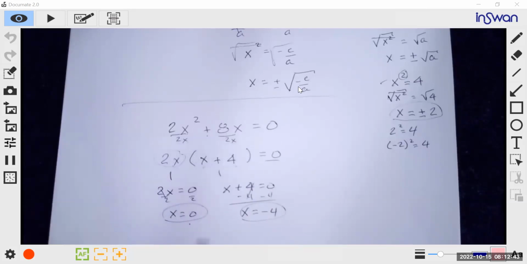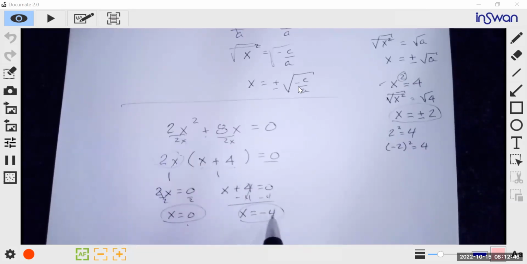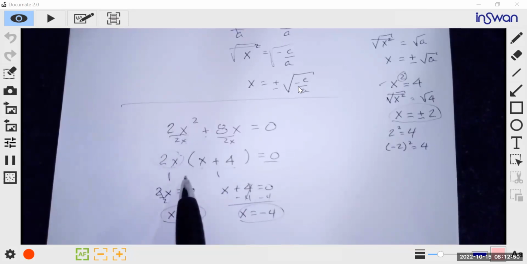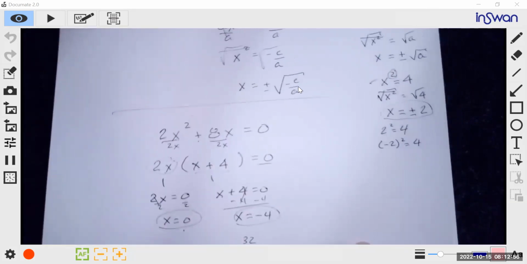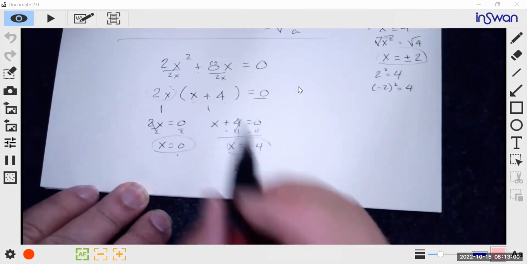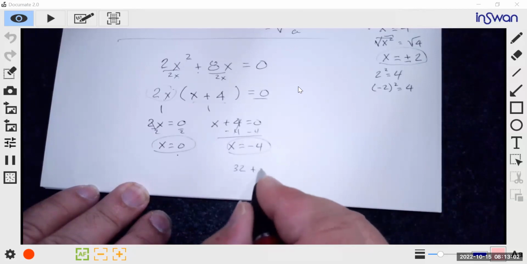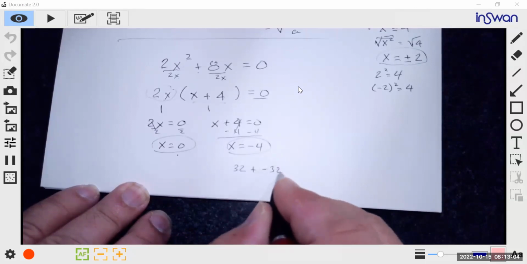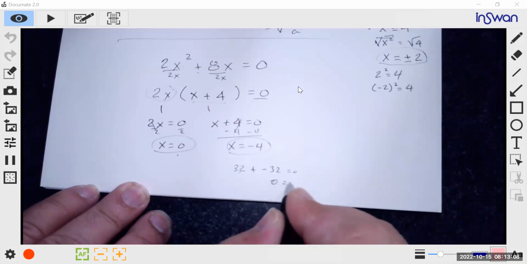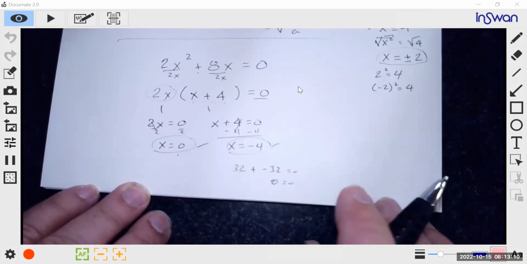Bam. Negative 4 squared is 16. 16 times 2 is 32. Eight times negative 4 is negative 32. 32 minus 32 is 0, so both of these answers work.